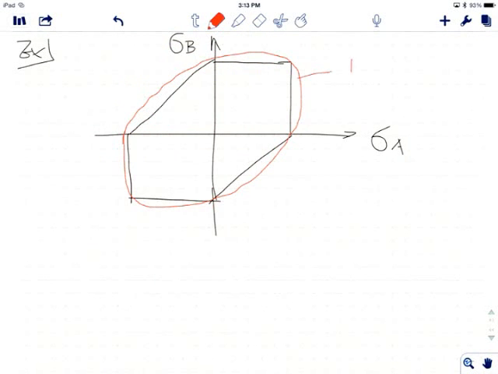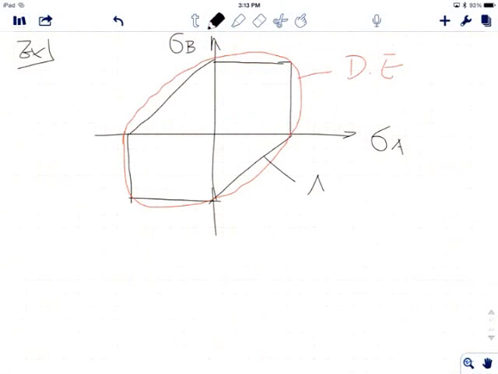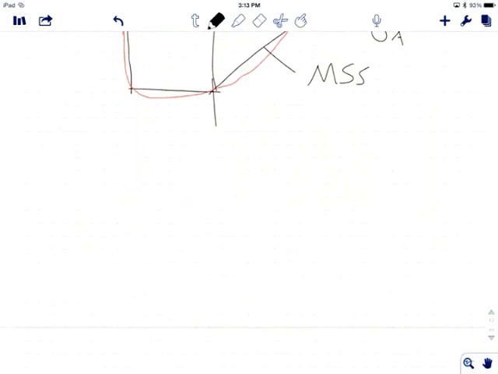The red is distortion energy, and the maximum shear stress is the one inside, in black. The key point here is that maximum shear stress is a little conservative, and distortion energy is a little aggressive compared to maximum shear stress. We'll see how we can quantify that aggressiveness and conservativeness.